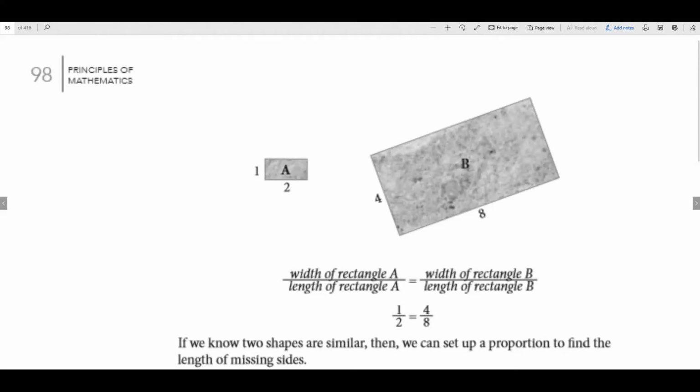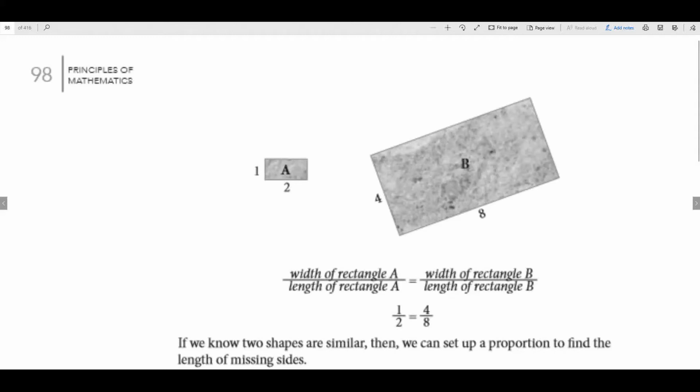Here we have this first ratio, the width of rectangle A and the length of rectangle A. So here they've written it down. The width of rectangle A is 2, and then the length of it is 1. So they've put their numbers here.